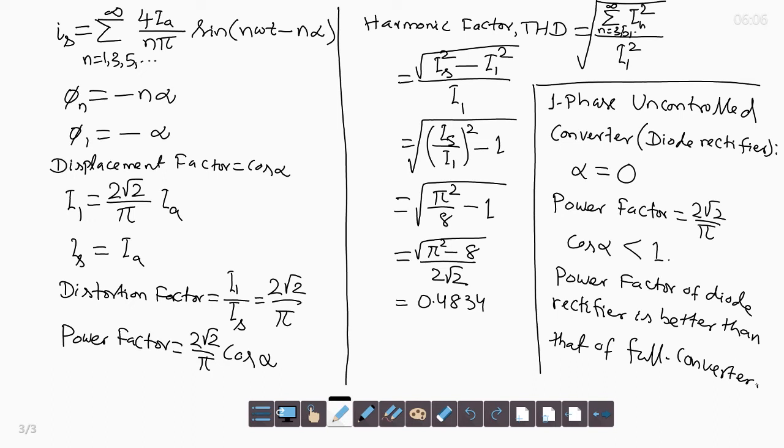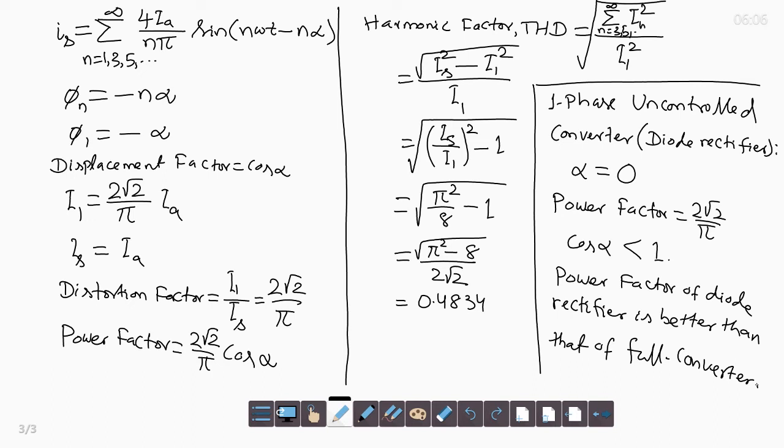Now, as you can easily guess, in a semi converter half of the switches are thyristors and the remaining are uncontrolled diodes. A diode is an uncontrolled device, a thyristor is a controlled device. So in a semi converter, half of the devices are controlled switches, thyristors, and half are uncontrolled switches, diodes.